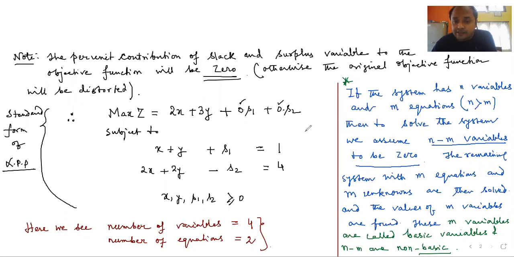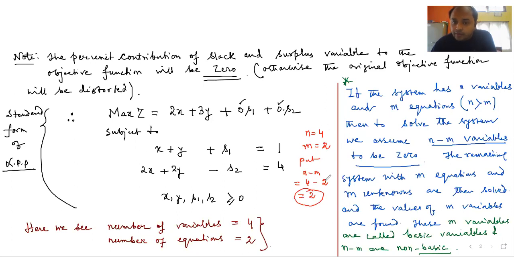So if we go by this rule, here I can find that the number of variables is 4 and the number of equations is 2. Don't write anything, first you listen to me. According to the rule, I have to put n minus m, which is 4 minus 2, that is 2 variables, to be 0.